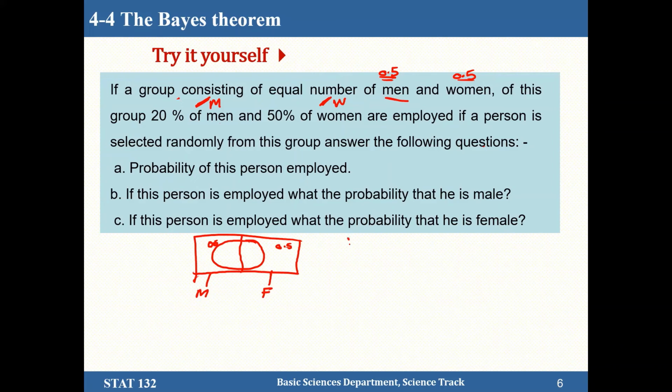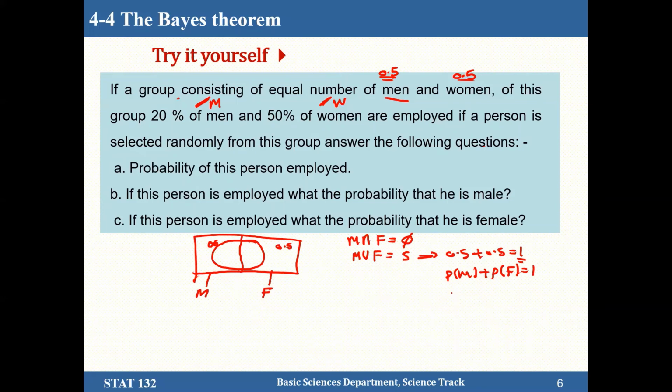Of course, M intersection F is empty, and M union F equal S. Why? Because 0.5 plus 0.5 equal 1, P of M plus P of F. Now we have 20% of men.